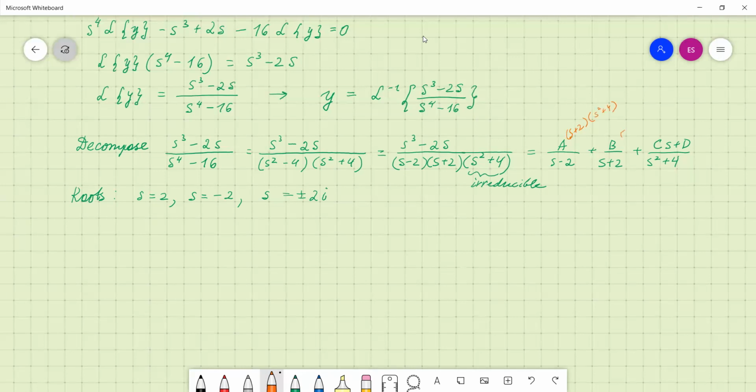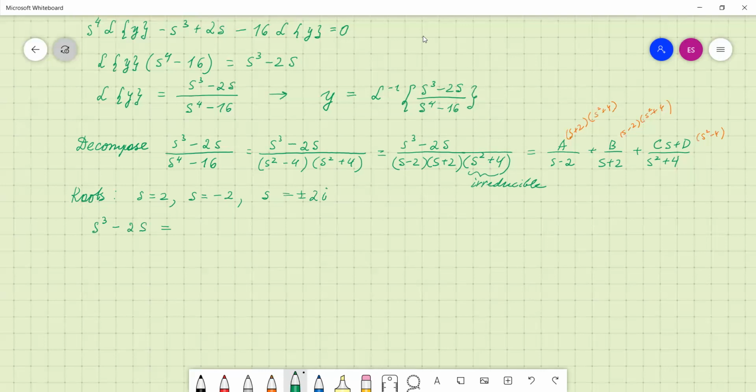What is missing here? s minus 2 and s squared plus 4. And over here, we are just missing s squared minus 4. I combine these two terms together into one. But again, you can write it down as you like, that's just the way I did it. Okay, I'm returning to my green and writing down my expression. So on the left side, I have s cubed minus 2s, this one, right?